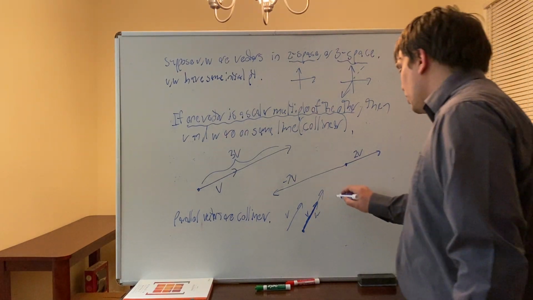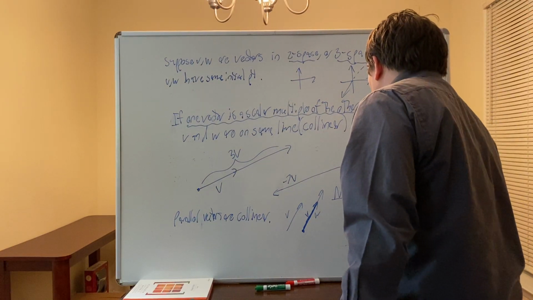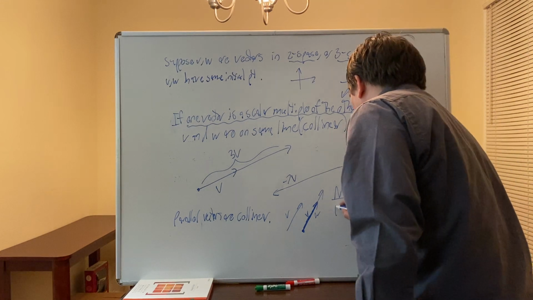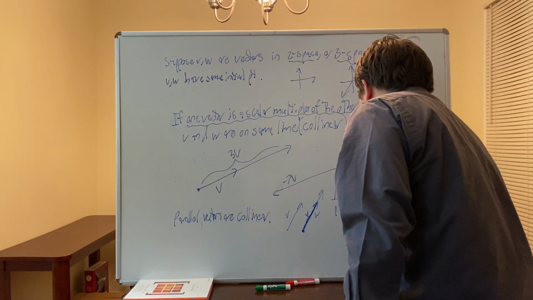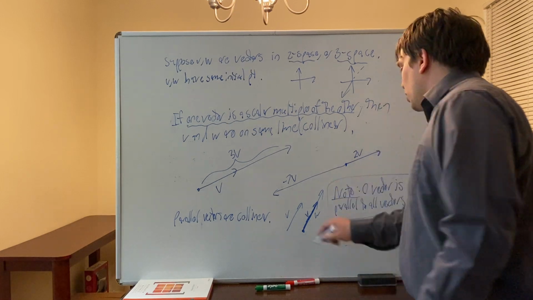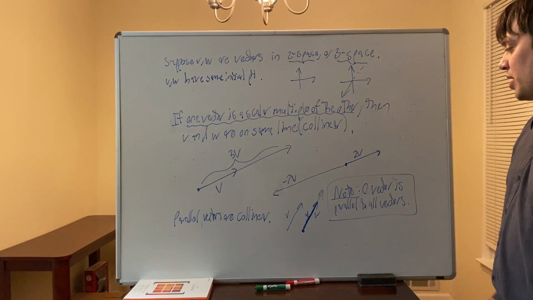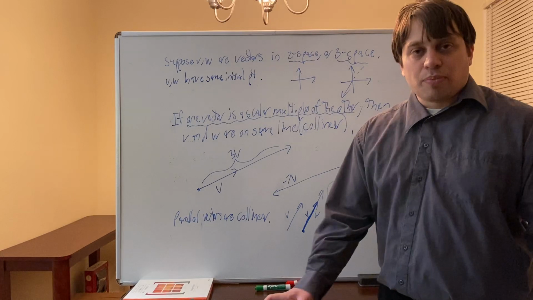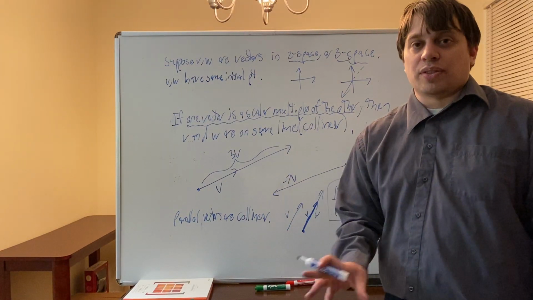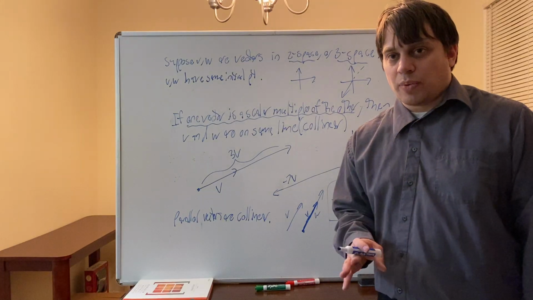Okay, and note, the zero vector is parallel to all vectors. That's because the zero vector is a point with zero magnitude, but it can have any direction. So you can give the zero vector any direction you want.